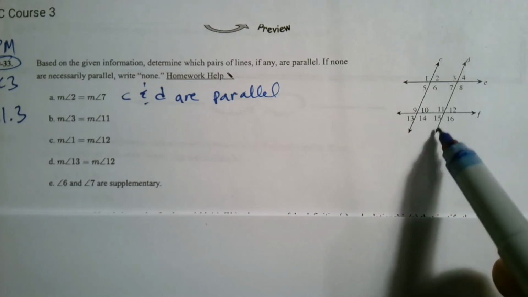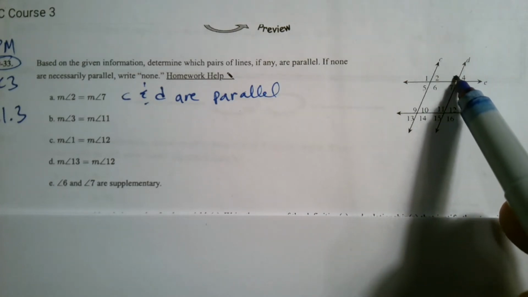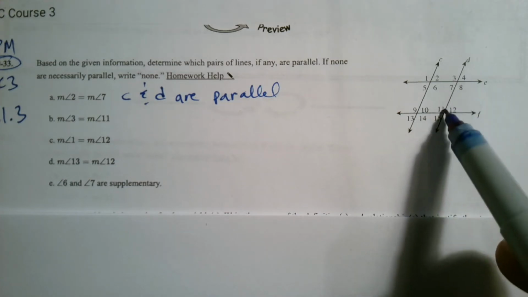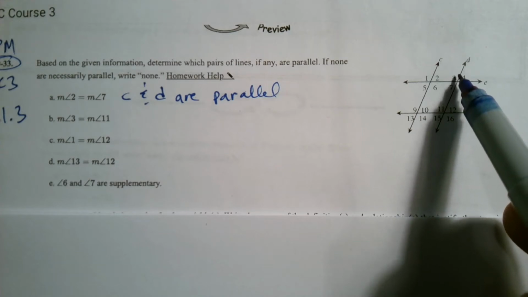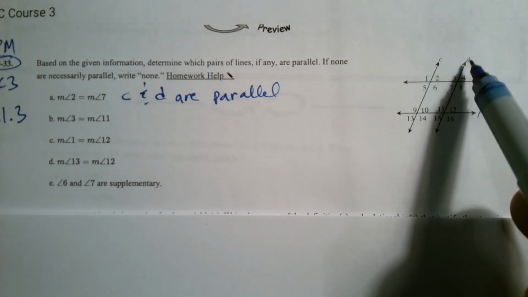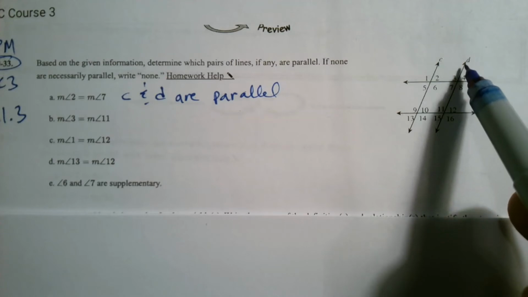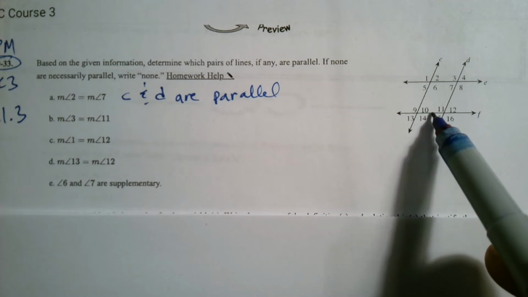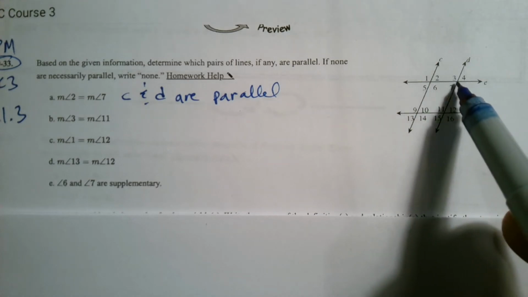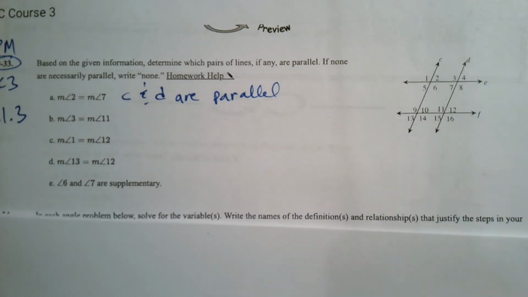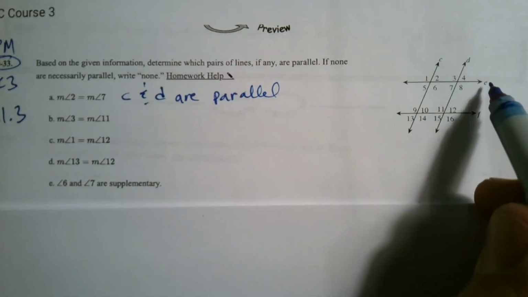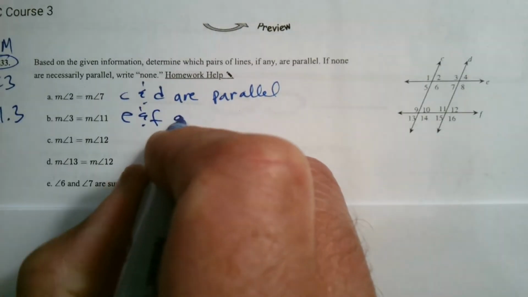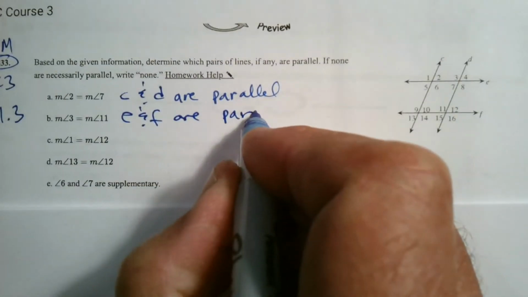When a transversal cuts two parallel lines, the corresponding angles are equal. It's the same location on either parallel line, with the transversal being one ray of the angle and the parallel line being the other ray. Therefore, that tells me that E and F are parallel. So we would say E and F are parallel.